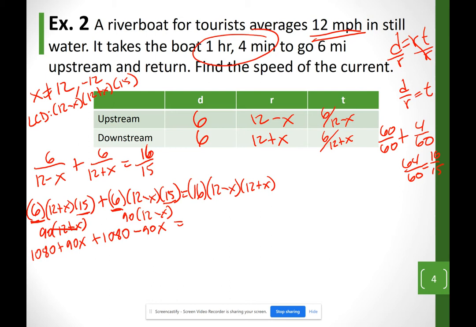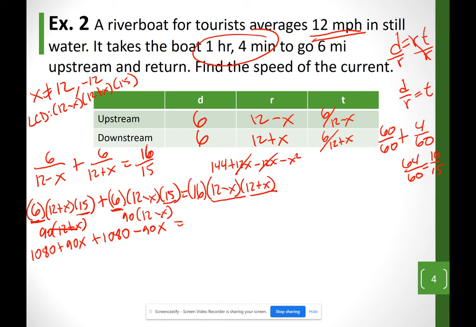Now here, what I'm going to multiply, 12 minus x times 12 plus x. I'm going to multiply those out. That's going to give me 144 plus 12x minus 12x minus x squared.